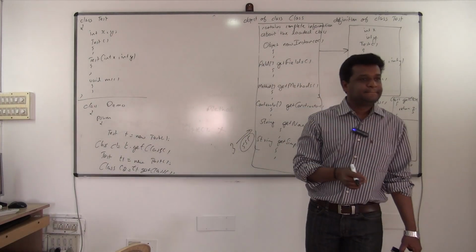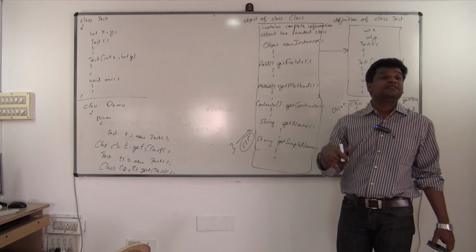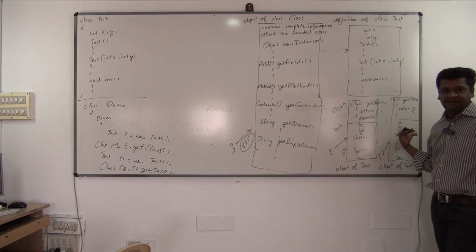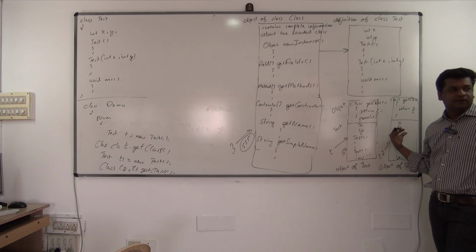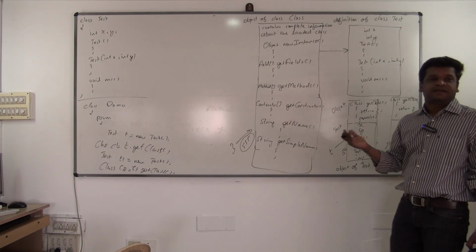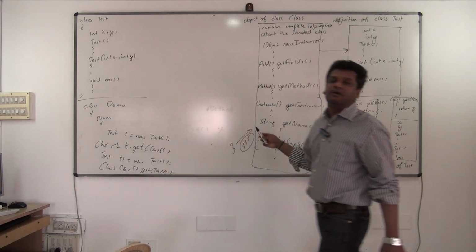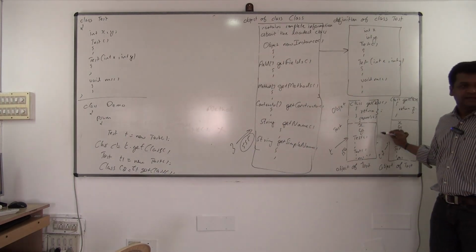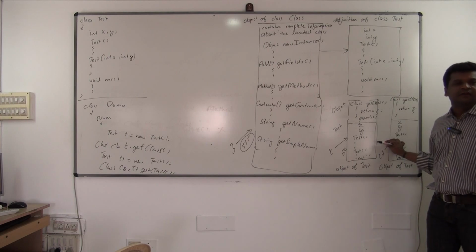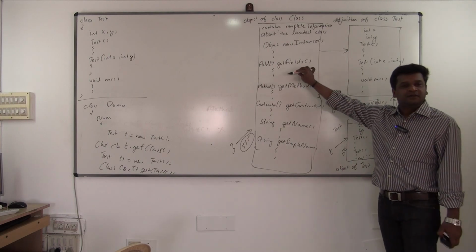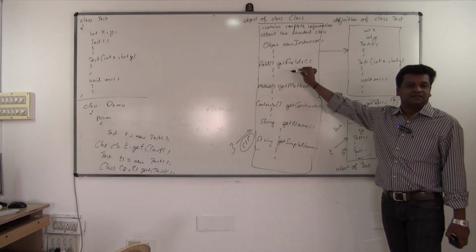C2 also has information about the test class only. If I want, I can say Test T3 is equal to new Test. Again one more object of test gets created. If I want to work with the class again, I can call T3 dot get class. Get class can be called on any object, T1, T2 or T3, and it will give you the reference of the class object.